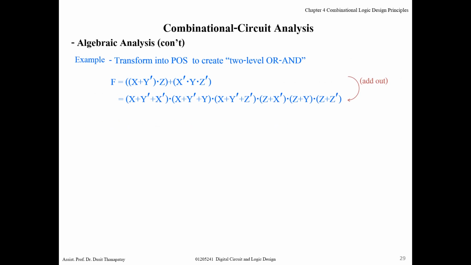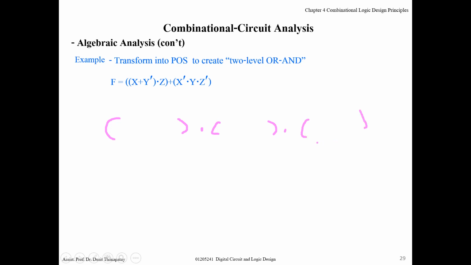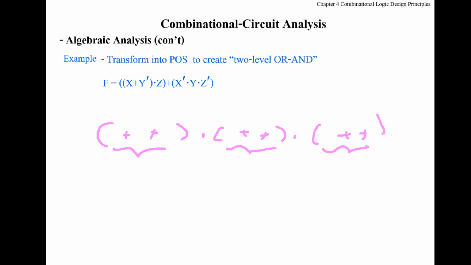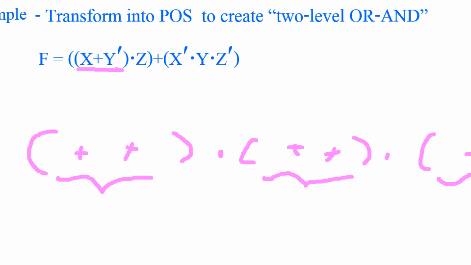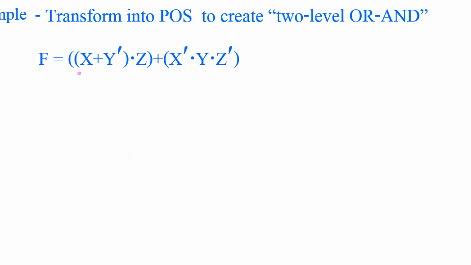And how about this one? If I want to transform the expression to product of sum, product of sum means I want to write in product form of sum terms. So this is a sum of literals or variables. Let's consider this one. For this term, it's okay, right, for this part, but not okay for this one and this one. So what should I do? I will keep this one like one module.